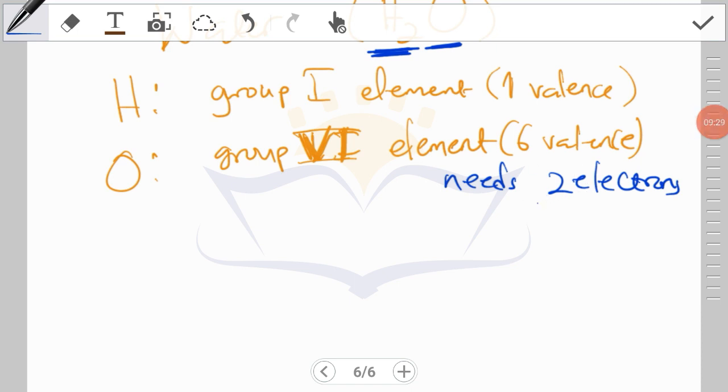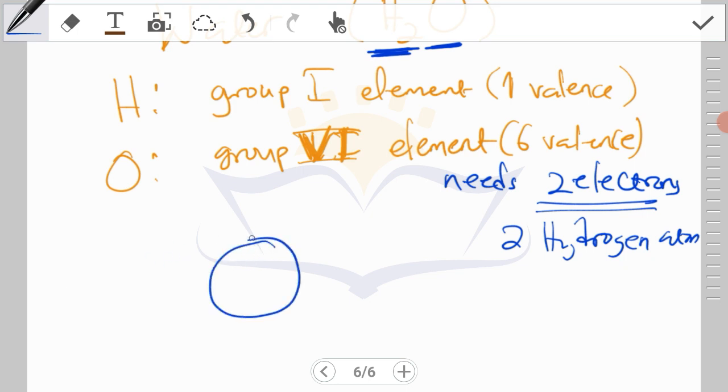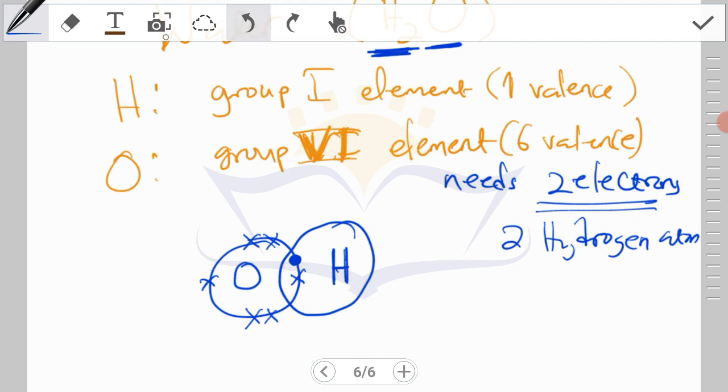So if it needs 2 electrons, these 2 electrons must come from 2 hydrogen atoms, such that oxygen with its 6 valence electrons, it will take 1 electron from 1 hydrogen and it will take another.